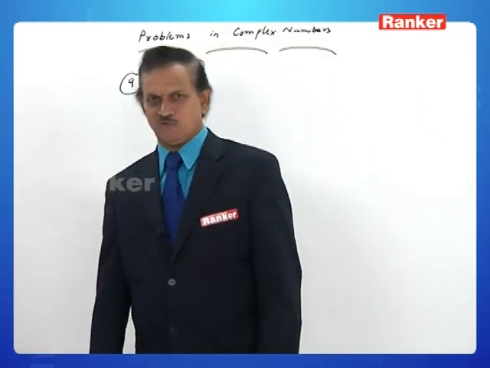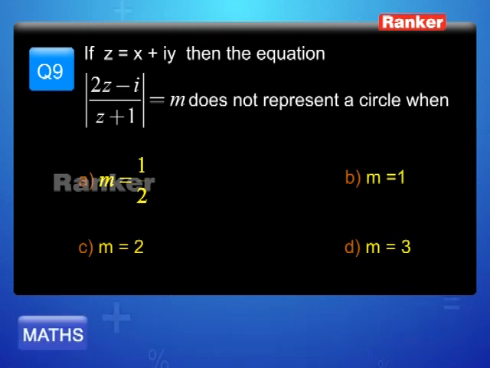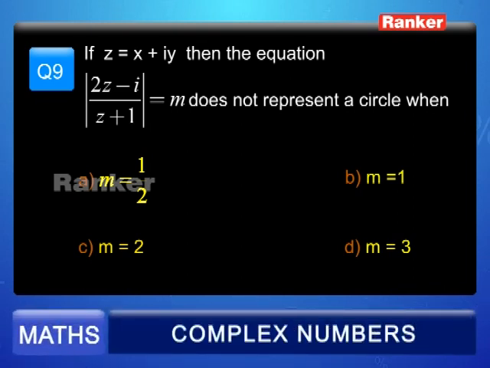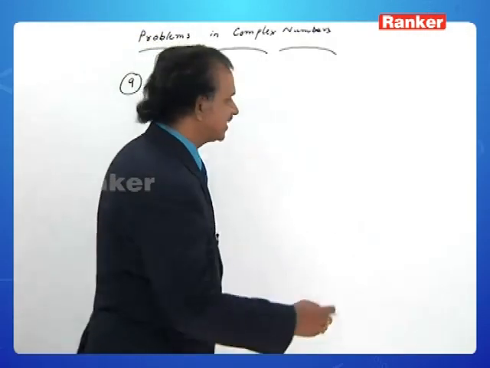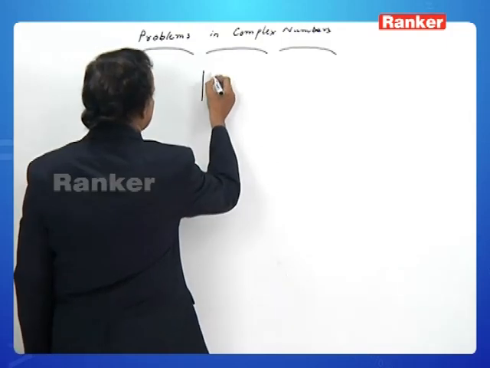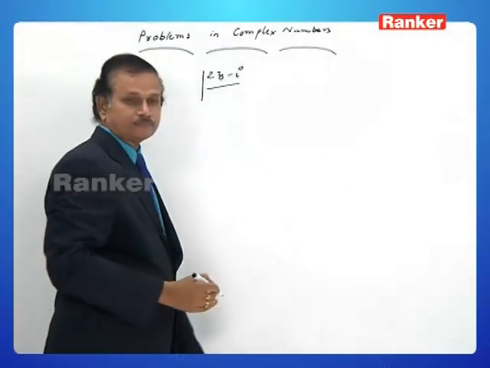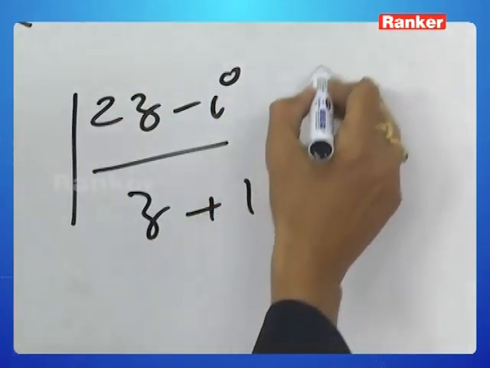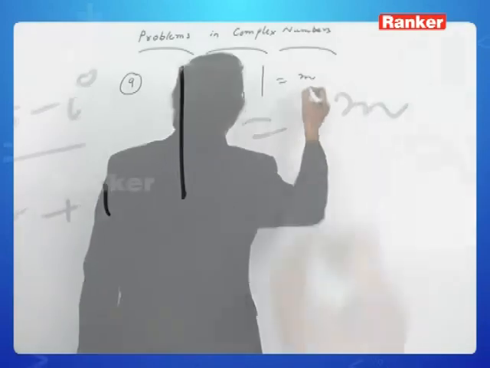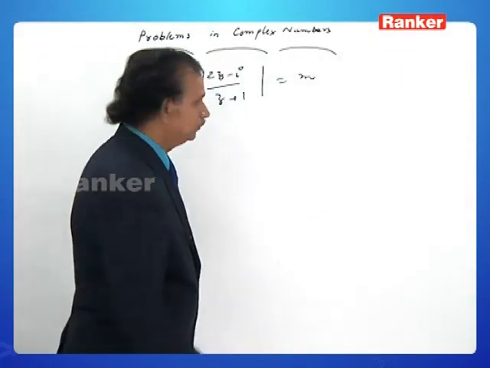The first option, that is option A, is M is equal to half. Second option is M is equal to 1. Third option is M is equal to 2. And the fourth option is M is equal to 3. Let us see. What is the condition first of all? Modulus of (2Z minus i) by (Z plus 1) is equal to M. Let me divide both the sides by 2.